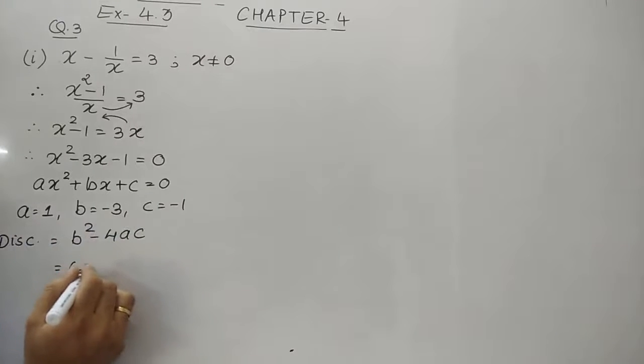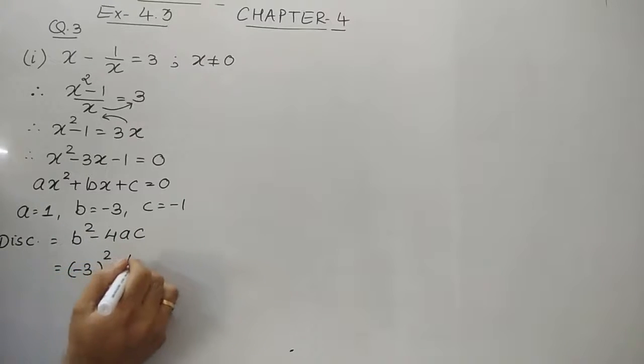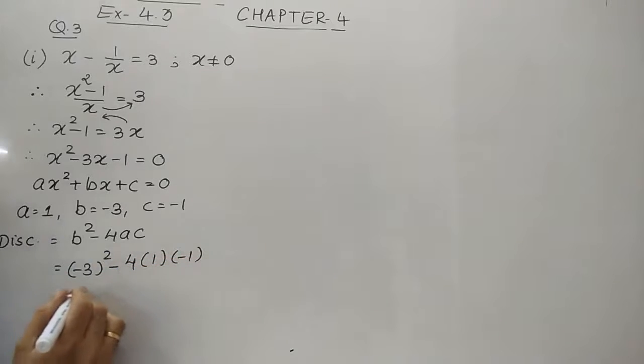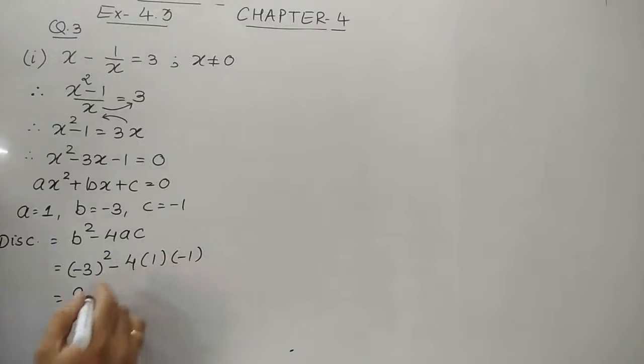B square is the square of minus 3, then 4 times a and c. Square of a negative is always positive. Minus minus plus, 4 ones are 4. So we obtain the discriminant as 13, which is greater than 0. So we can say that the roots of this equation are real and distinct.